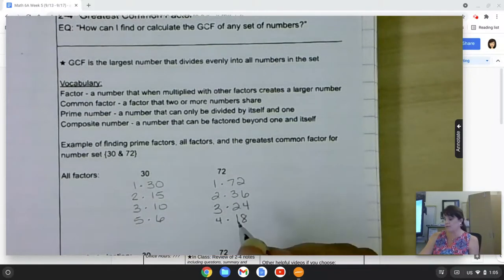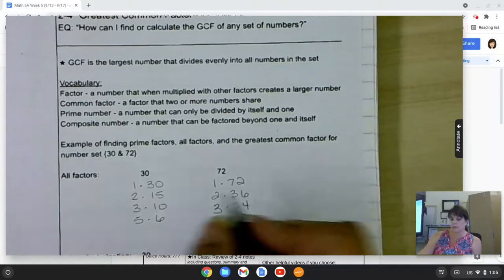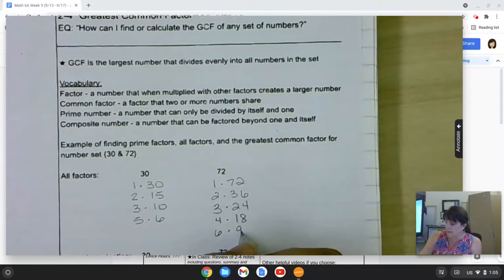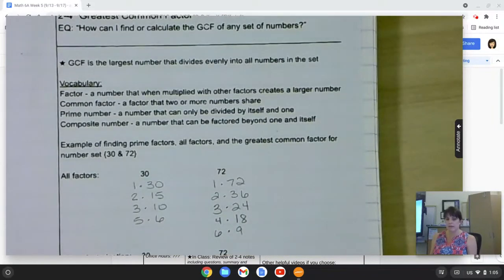Okay, 5 doesn't work. Okay, 6 times 9. 7 doesn't work. I'm sorry, not 6 times 9.